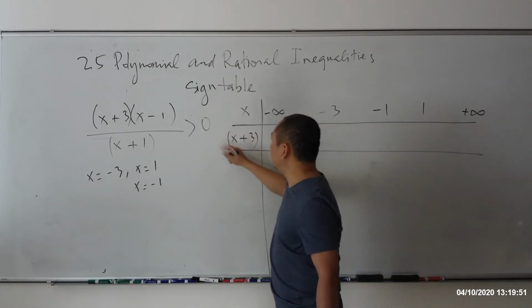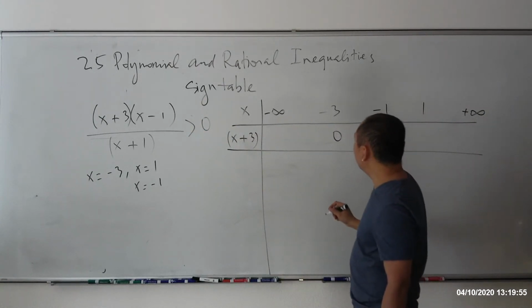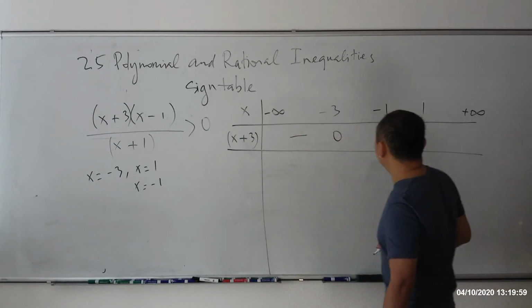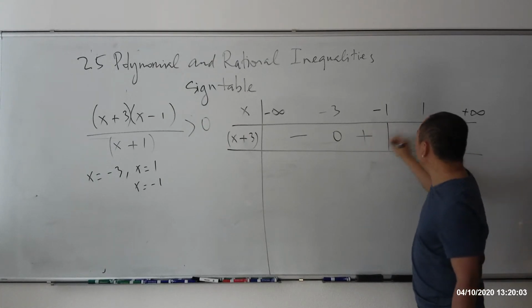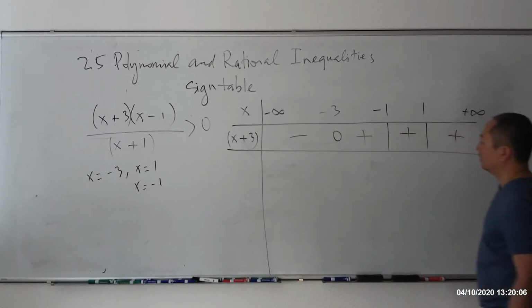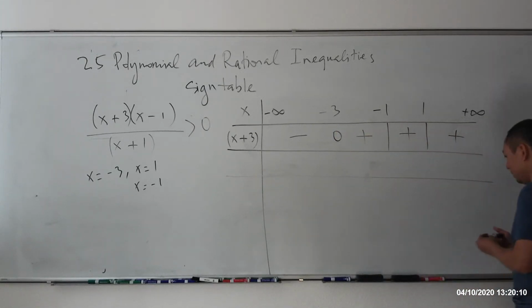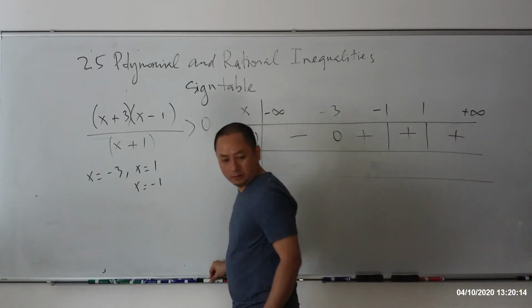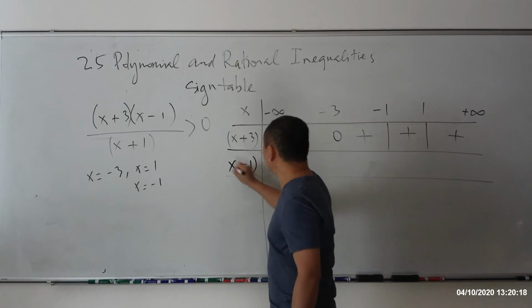x plus 3, the very first one. 0 is right here, less than -3 I got a negative number, and bigger than -3 I got positive numbers. Similarly, I'll move on to the second factor, x minus 1.